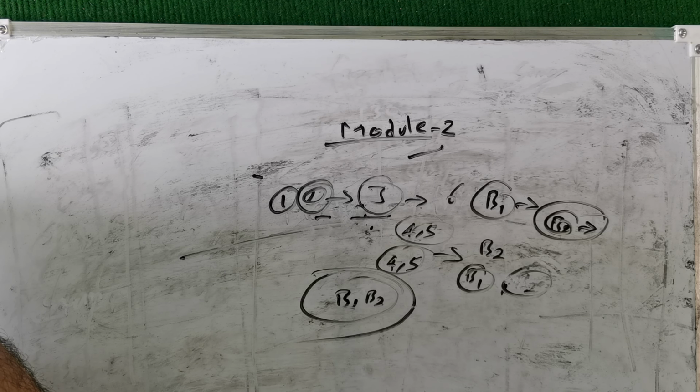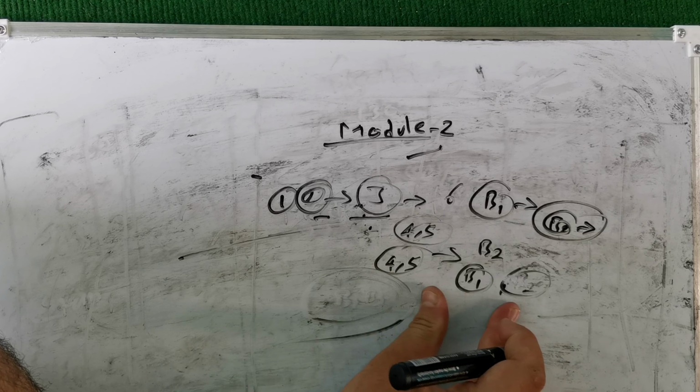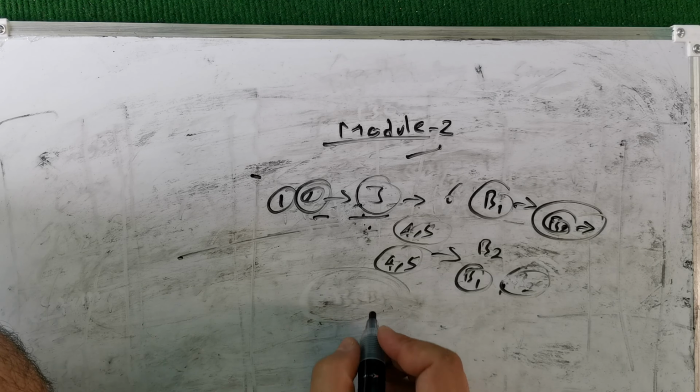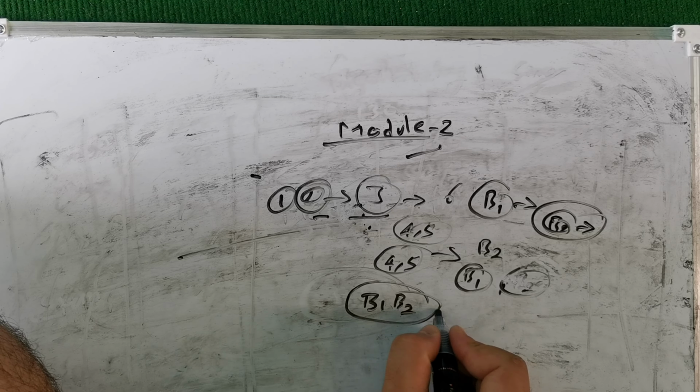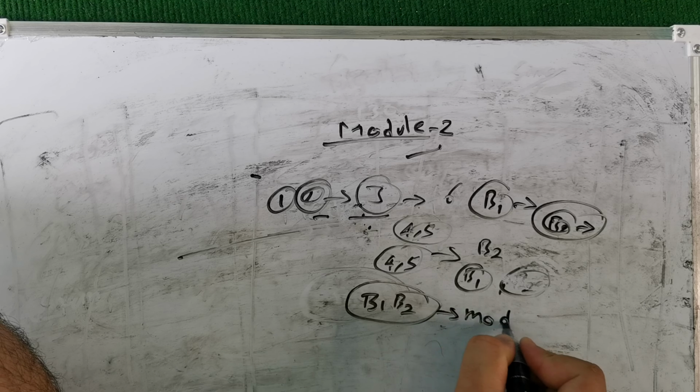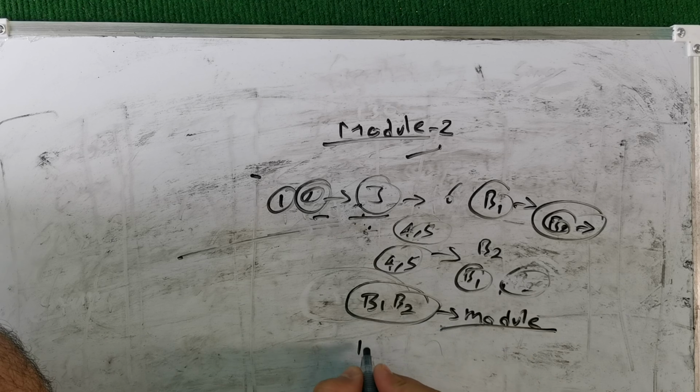Did you understand what I am saying? Did you understand or not? At first we will complete the common modules, then we will go for the separate B1 and B2 modules.